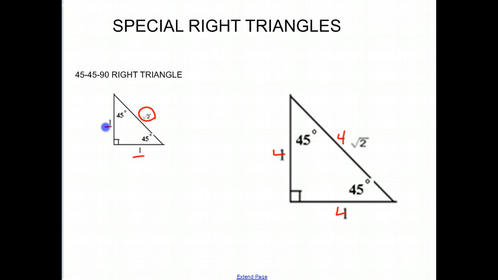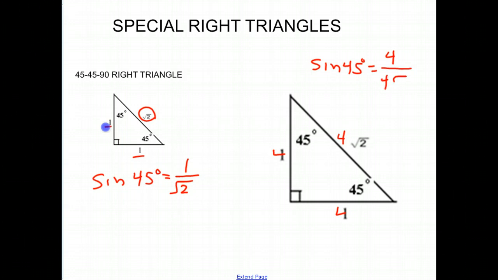For example, if we want to find the sine of 45 degrees in our first triangle, it would be the opposite side, which is 1, over the hypotenuse, the square root of 2. If we look at it in our larger triangle, the sine of 45 would be the opposite side, 4, over 4 times the square root of 2.